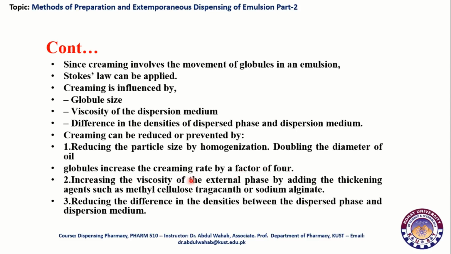Also by increasing the viscosity of the external phase by adding thickening agents such as methyl cellulose, tragacanth, or sodium alginate. Similarly, by reducing the difference in the densities between the dispersed phase and dispersion medium. So these are the different mechanisms by means of which we can reduce the creaming in emulsion.